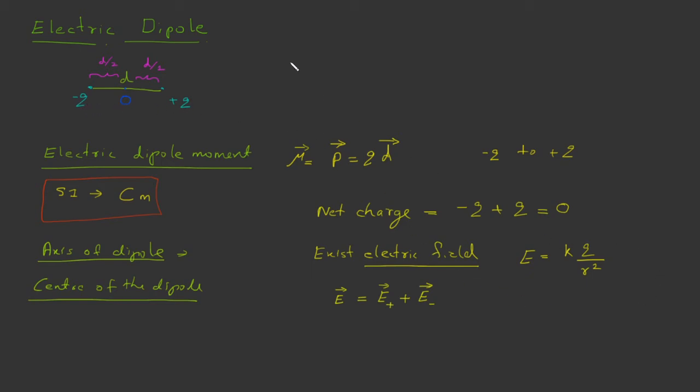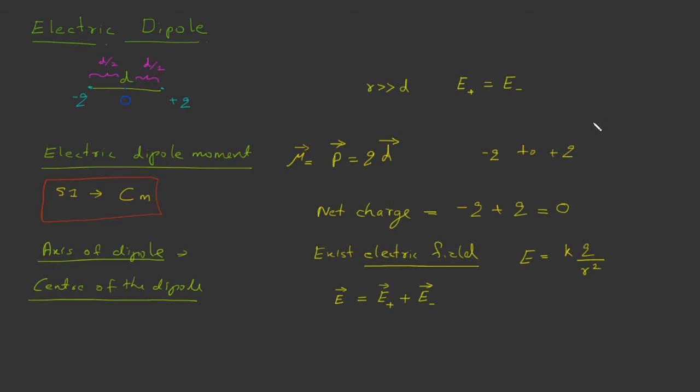What happens if r is far away? That is, r is much greater than d. In this case, you can see d will be very negligible. So the electric field due to plus q charge is almost equal to the electric field due to minus q charge in magnitude.